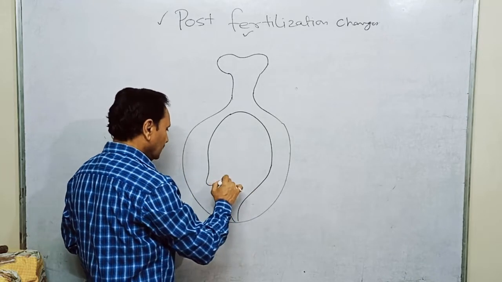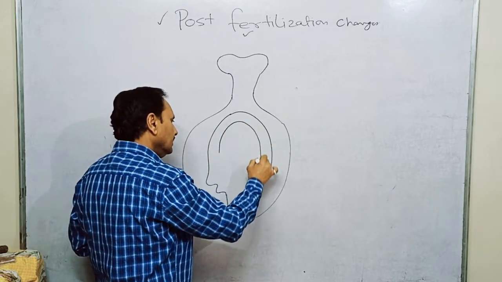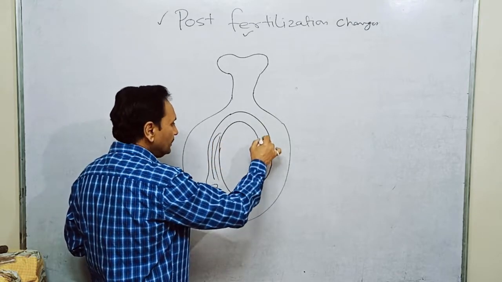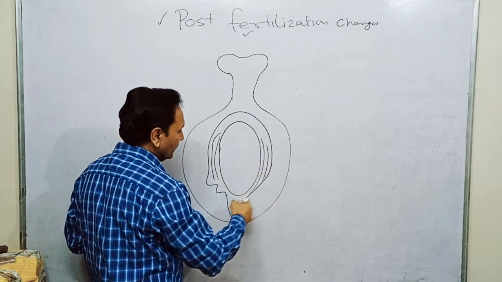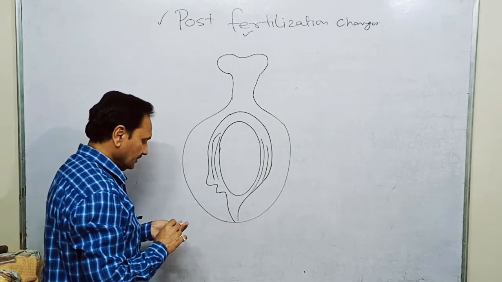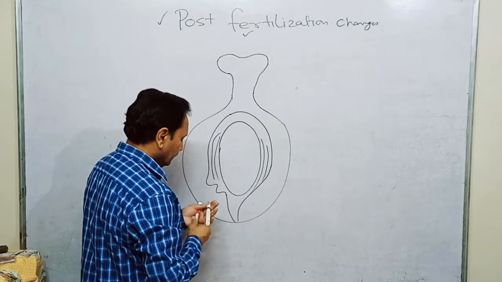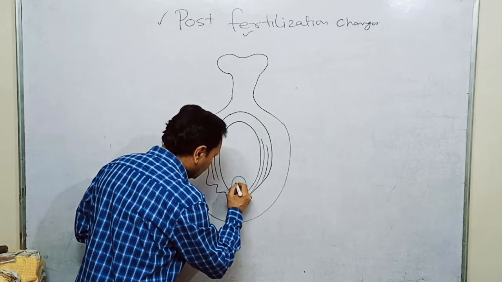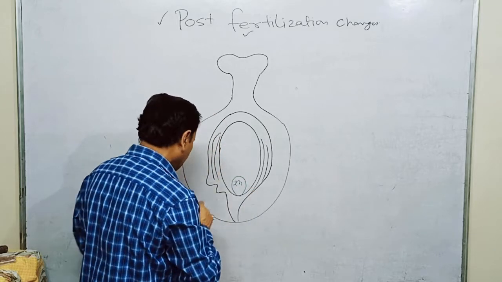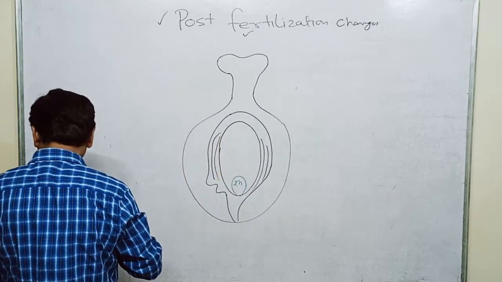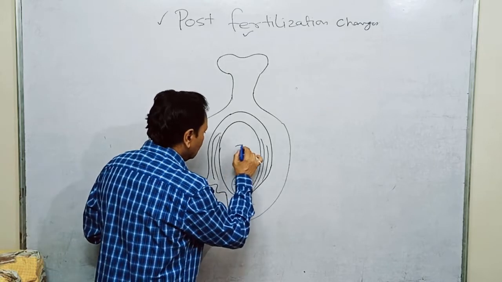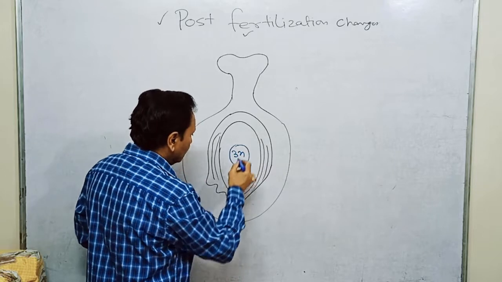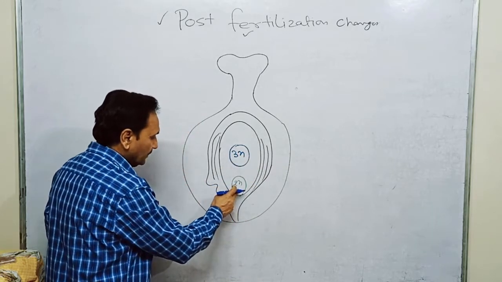This ovule has a nucellus and integument, and inside this nucellus there is a 2N pre-embryonic cell and a 3N pre-endospermic cell.